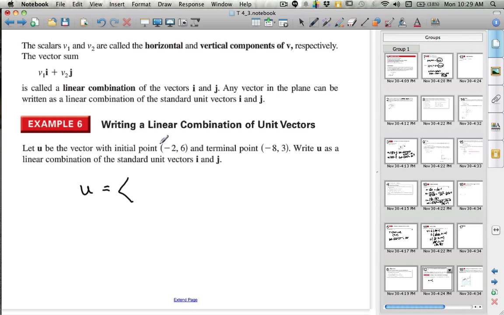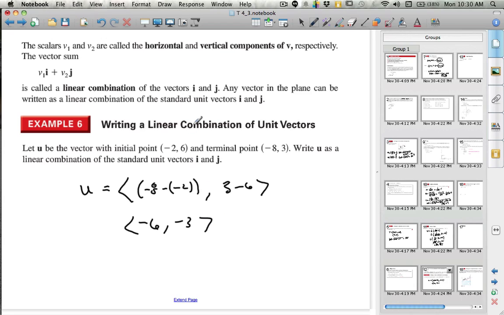So that's going to be the terminal side minus the initial side, each coefficient or component. And when we get this, I'm going to have -6, -3.